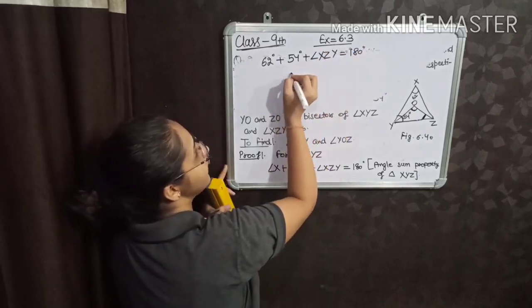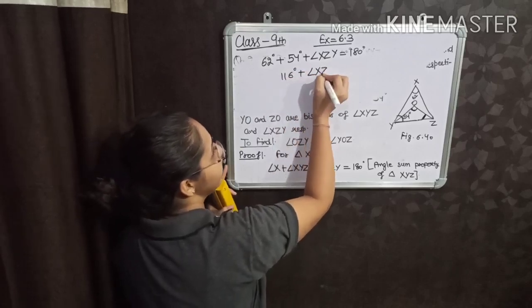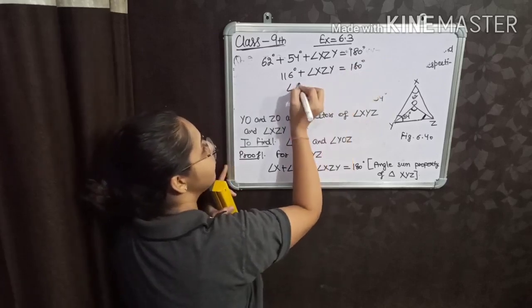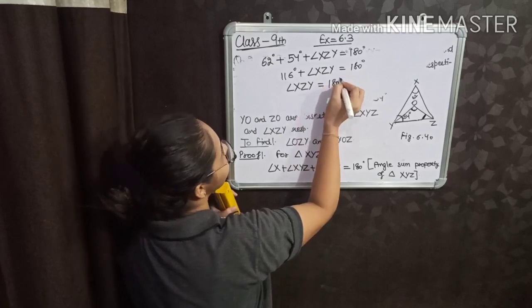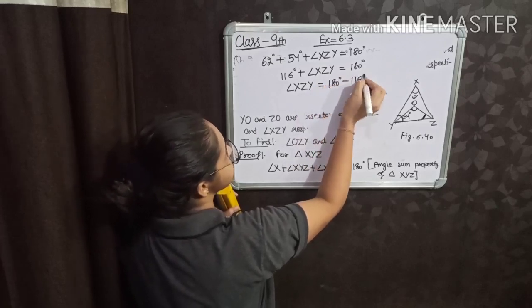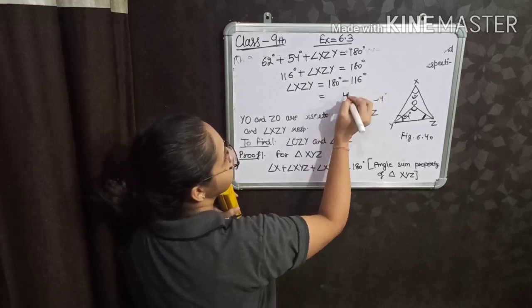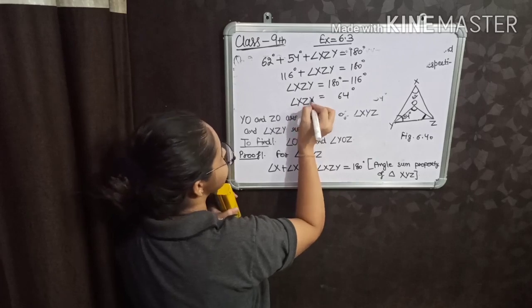Now 62 plus 54, 116 degree. And finally, the value of XZY is equal to 180 degree minus 116, and it will give you 64 degree. This is the value of XZY.